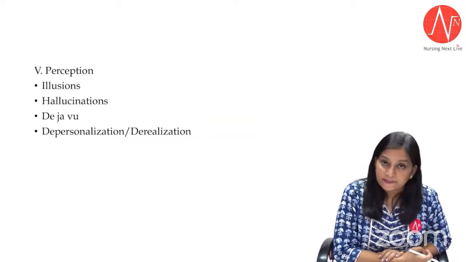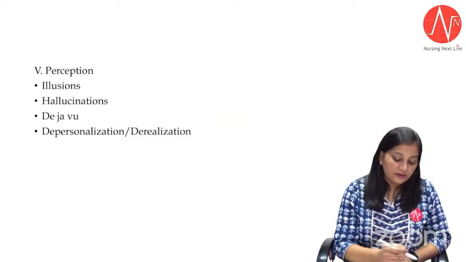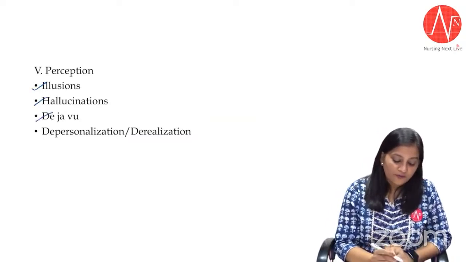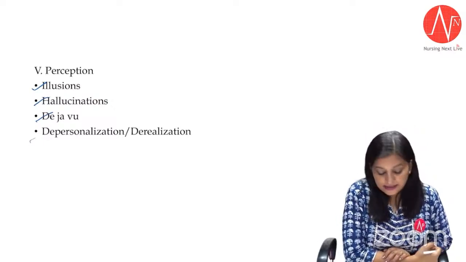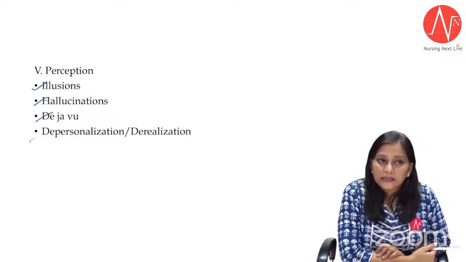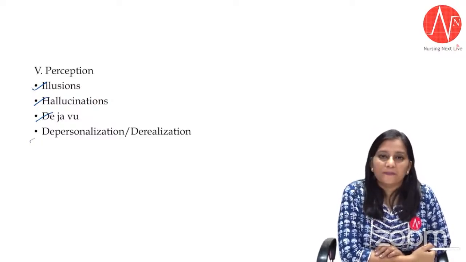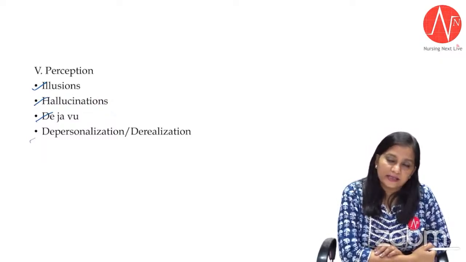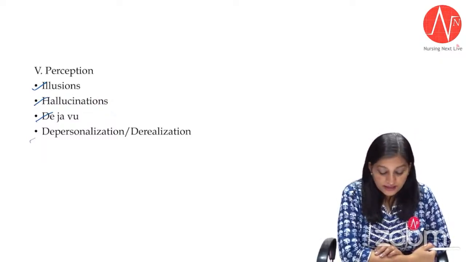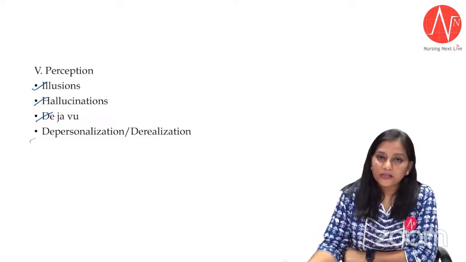Now, next comes perception. In perception, there are hallucinations, illusions, deja vu, and depersonalization, derealization. Okay, illusions. How are you going to rule out illusions? While talking only, you can see that the patient is having illusions, while observing.